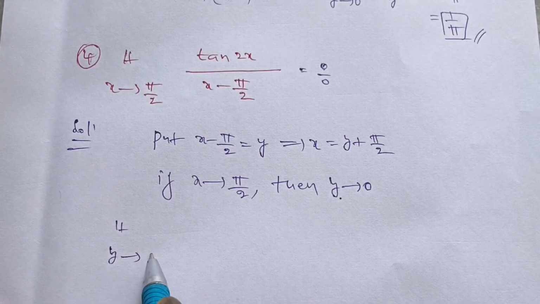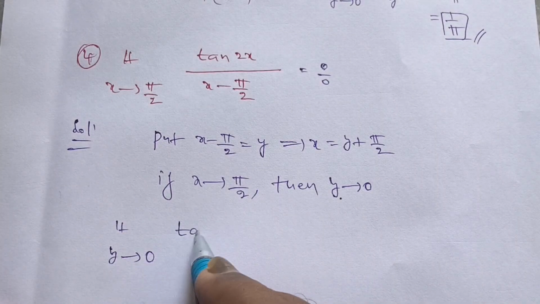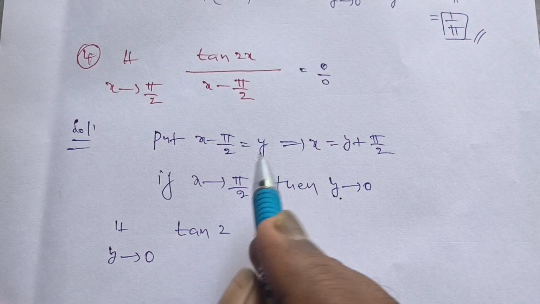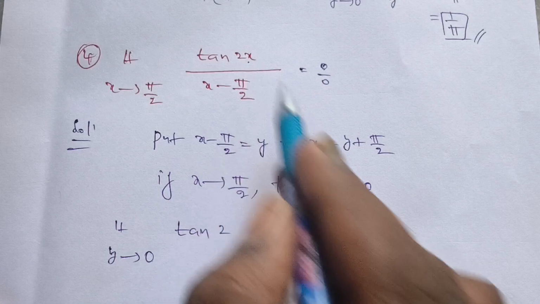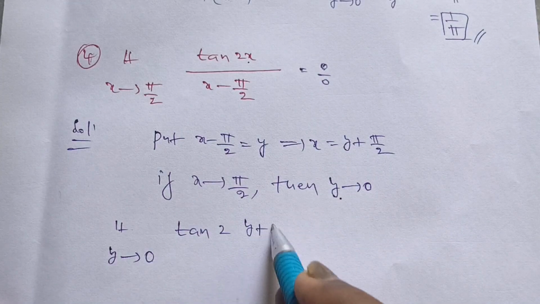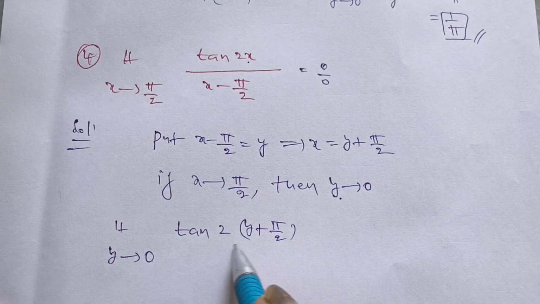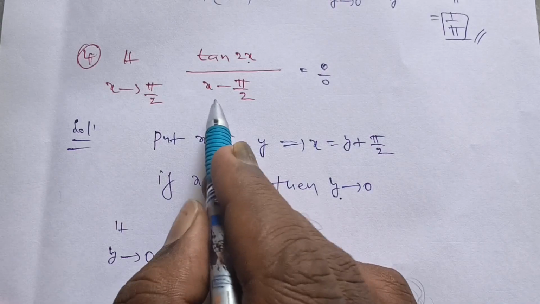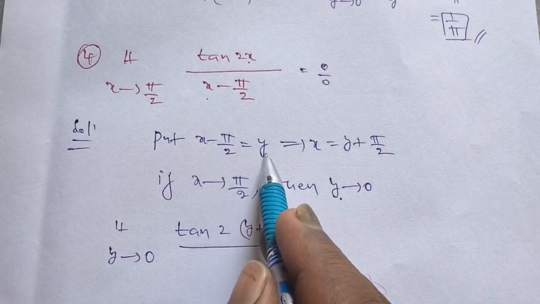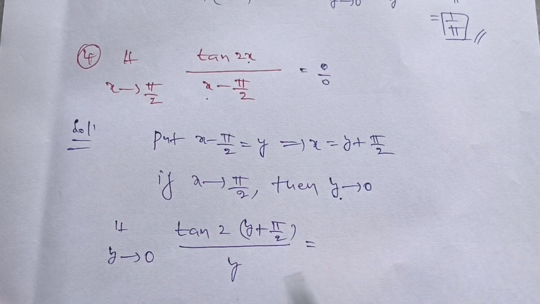Then the given problem is totally transformed into the y variable. Limit y approaches 0, tan 2 into x, where x value is y plus pi by 2, by x minus pi by 2, which is y.